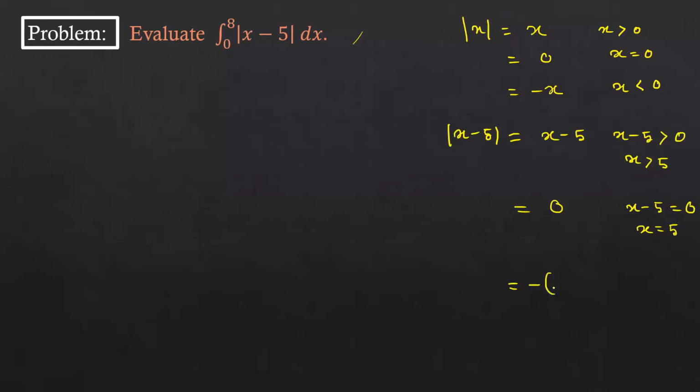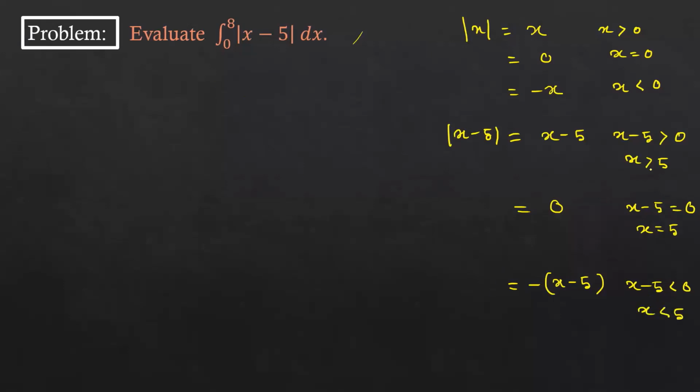And this will give minus of x minus 5 if x minus 5 is less than 0. That means it will always give you a positive value. If this is negative, then it takes another minus to make it positive. So this is the way. So here x minus 5 less than 0 means x less than 5.